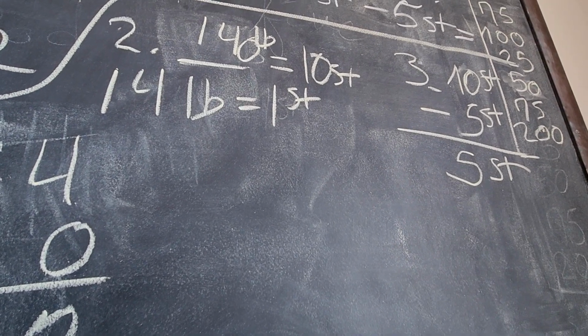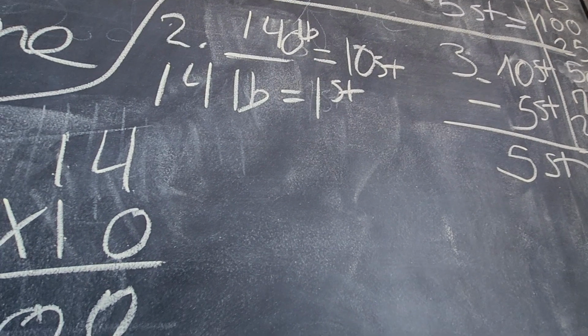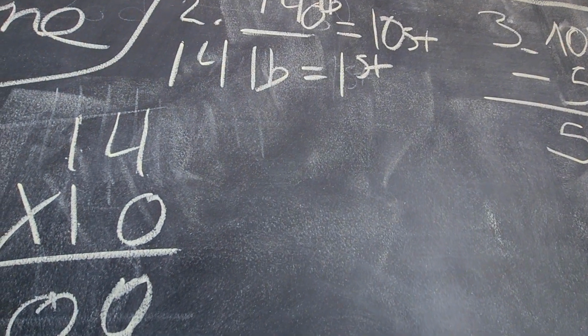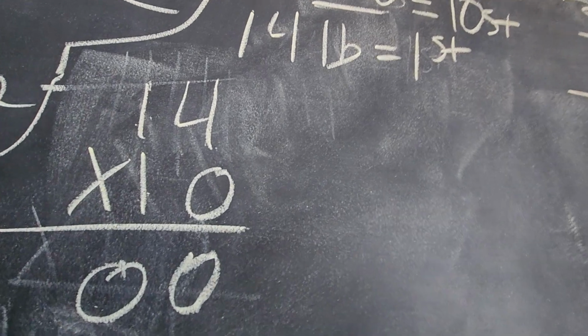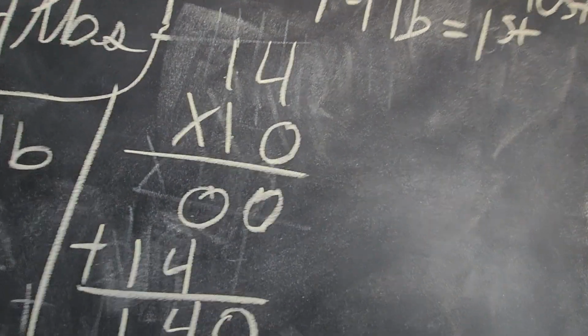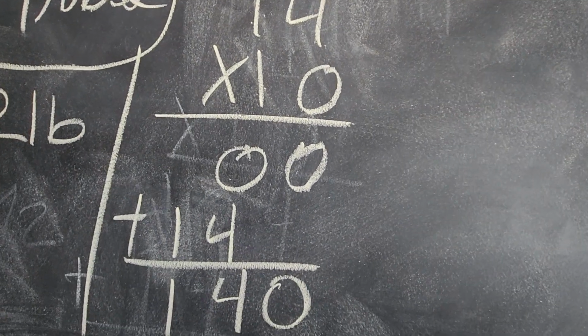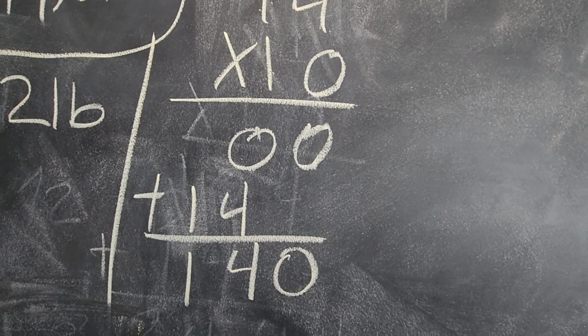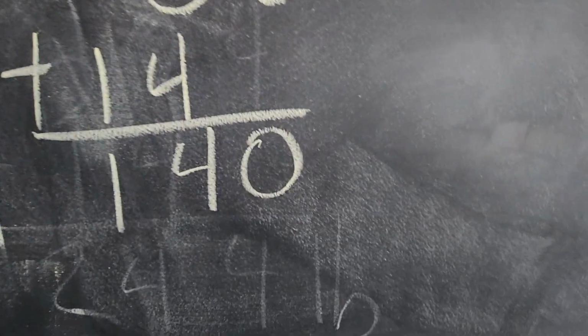I got 140 pounds is equal to 10 stones. 14 pounds is 1 stone, and then multiply 14 times 10, and then I get 140 pounds on that one.